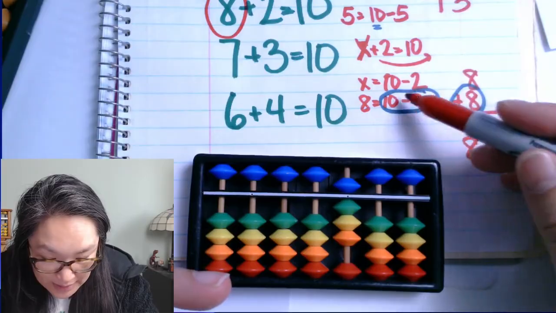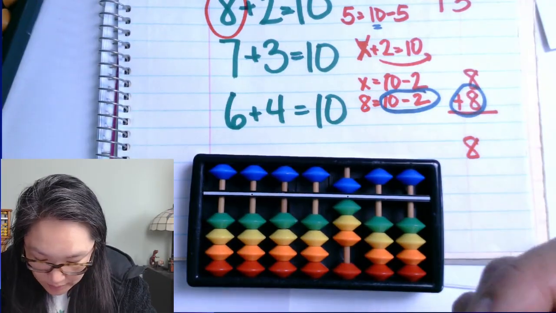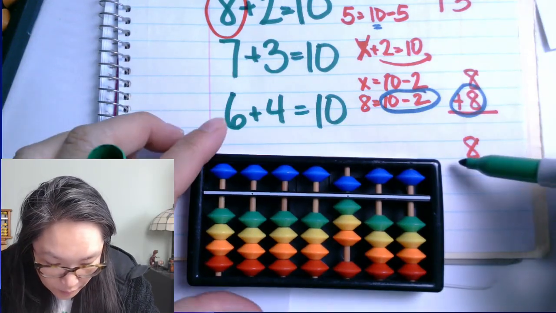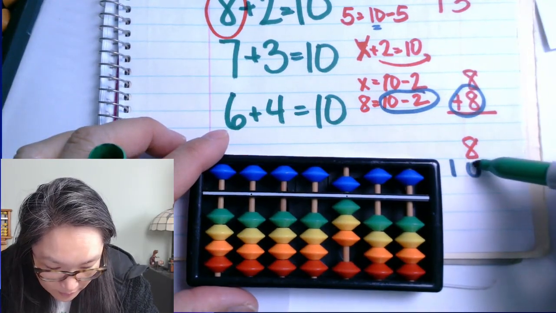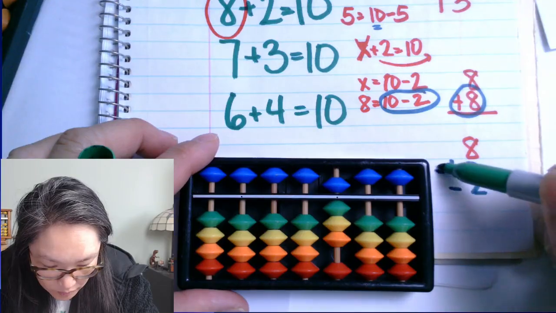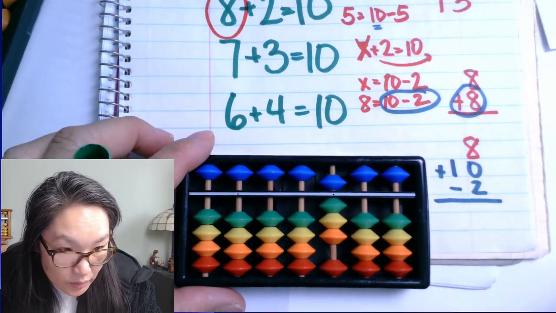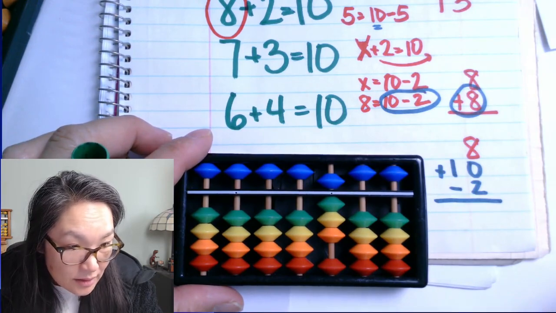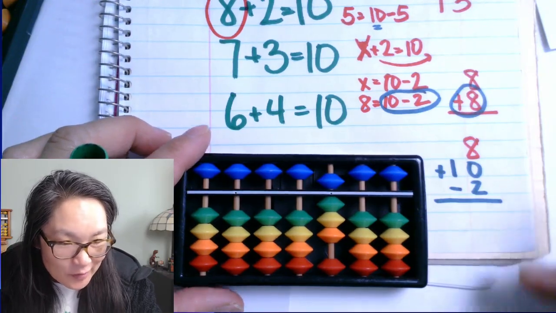If I plus the 10, so all I got to do is plus the 10. So I'm going to plus the 10 and then minus the 2. That's what we're doing. So the blues are 5s.